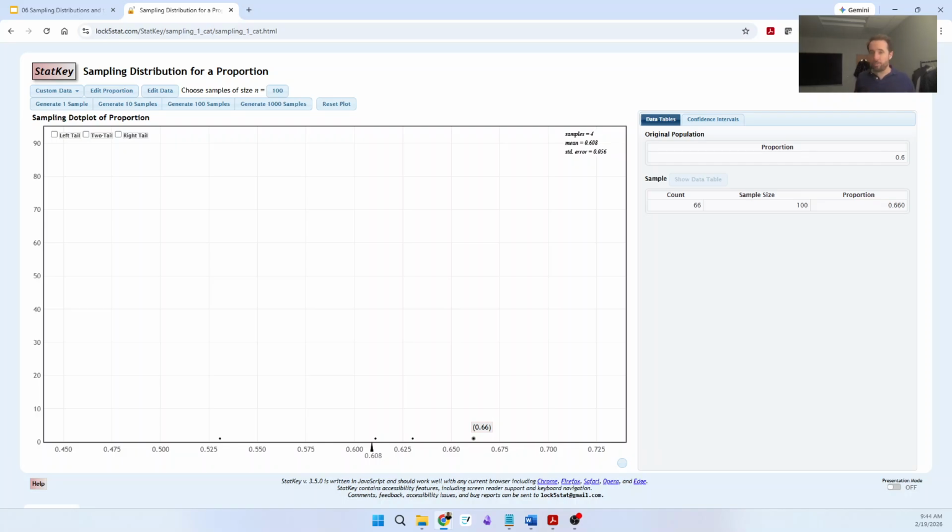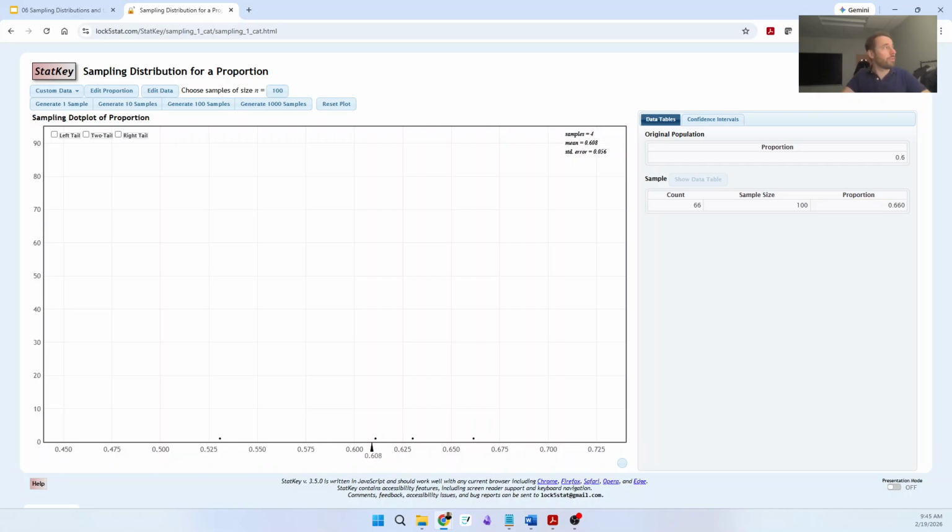We are looking to see how our sample statistics, in this case a proportion, distribute themselves over repeated sampling. So I've drawn 4 samples and I have 4 data points.